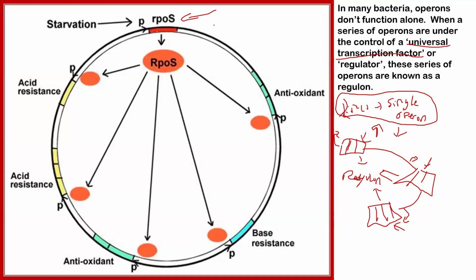One of the most well studied is the RpoS starvation response. The RpoS protein, when cells are under extreme starvation, will activate a number of different operons, including creating antioxidants, and acid and alkaline resistance.